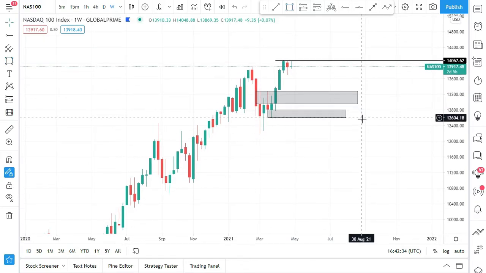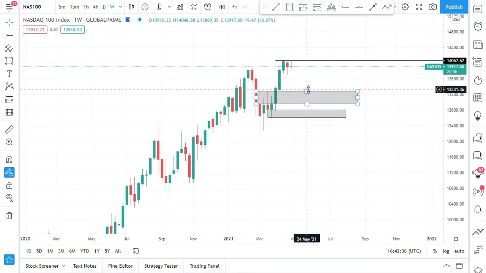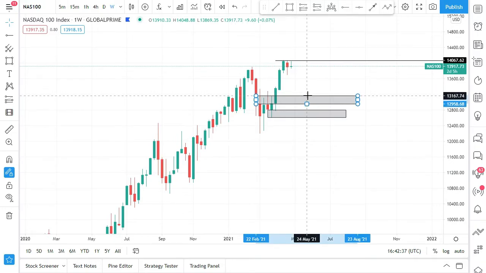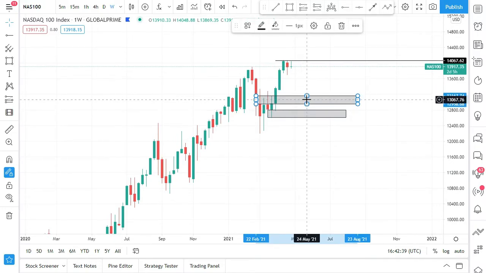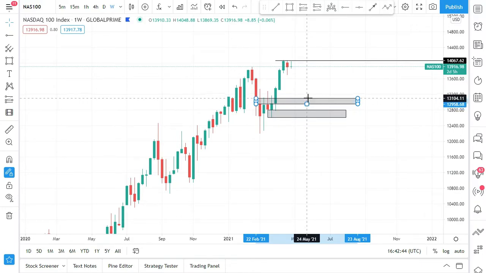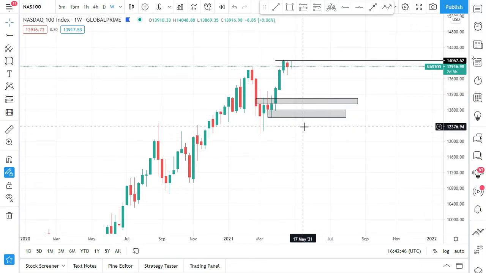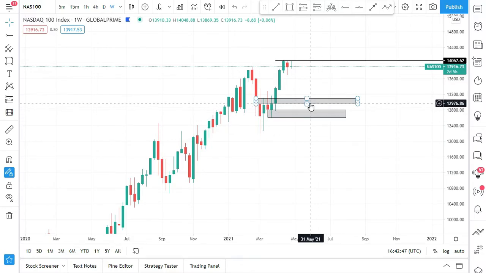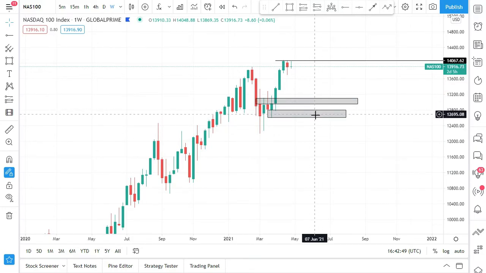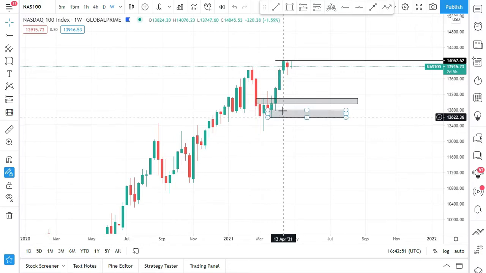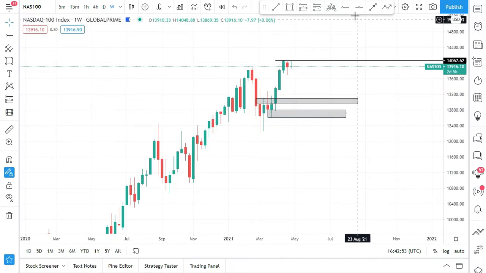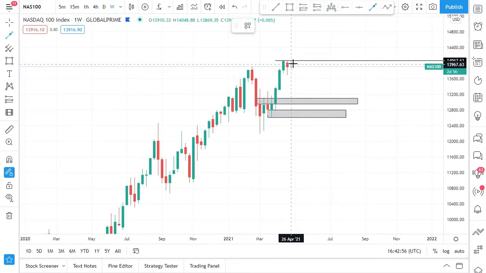The market has a higher chance of bouncing off of this resistance. But the market also has the potential of breaking out of this resistance and bouncing on the support to form that lower high. So this is what the market might do.